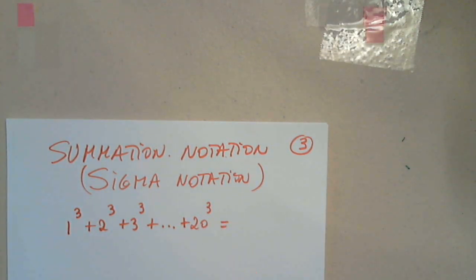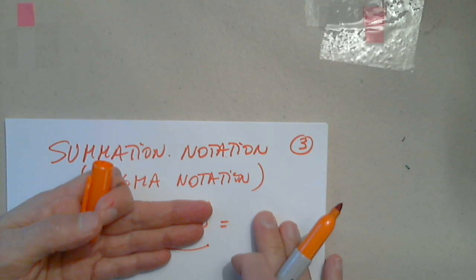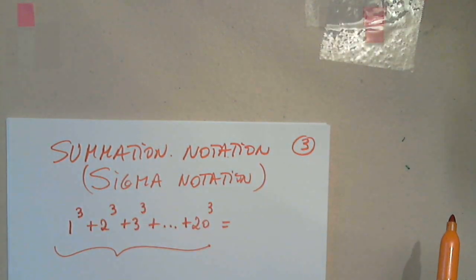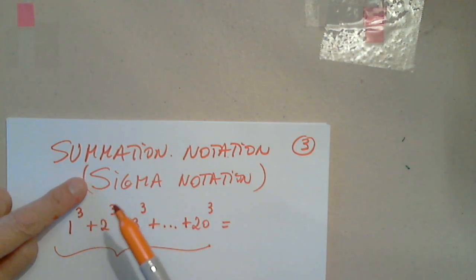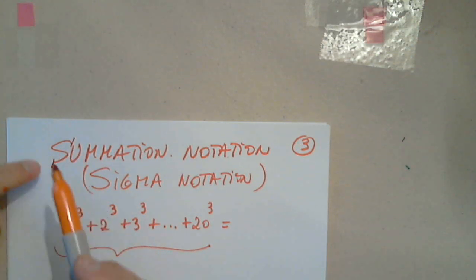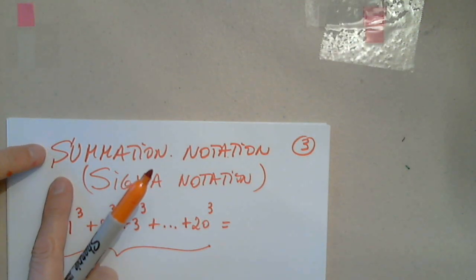First question: is there a way of writing this in a condensed form, so I don't have to list all this? I just want to write a notation that gives me all this, but I don't have to write it anymore. Well, since this is a summation, a sum of terms, we're going to use a letter that represents the sum. We could have used this one, which is the Latin S. However, it's not convenient.